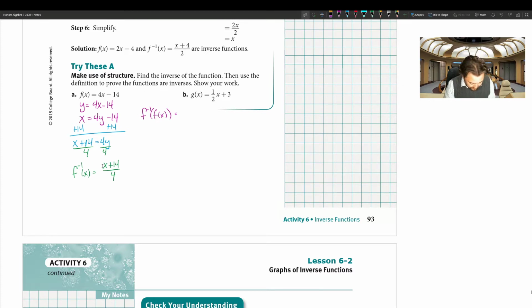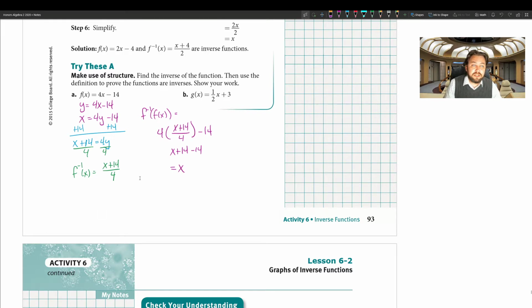So 4 times x plus 14 over 4 minus 14. We cancel the 4's, we get x plus 14 minus 14, and that equals x, which is a good sign.